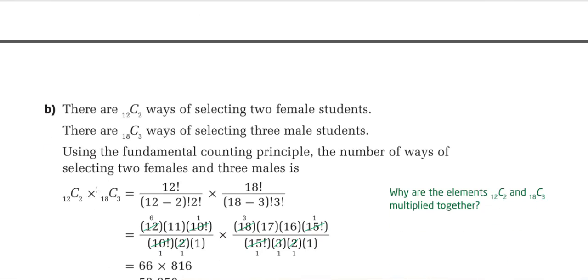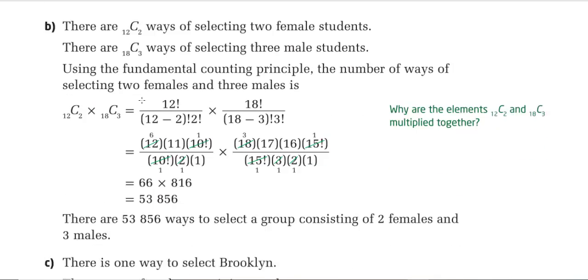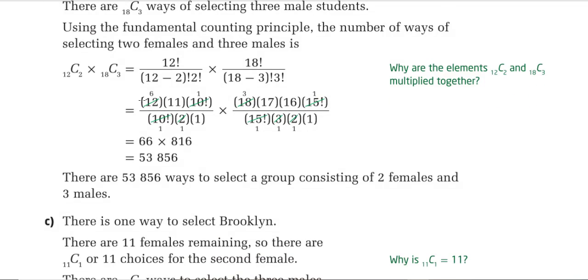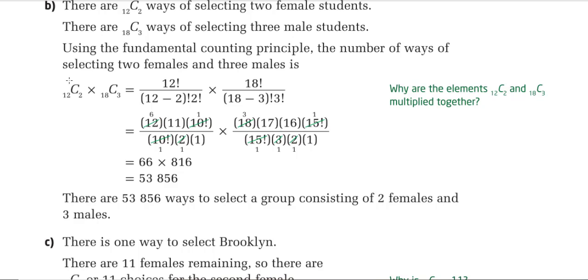Okay, so here also we need to find firstly 2 from 12 and 3 from 18 possible ways of students, and we need to multiply them together. Here is the calculation of this combination, and you can see the answer is 66 times 816.